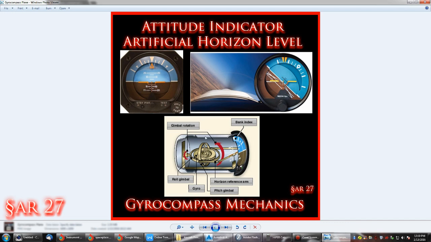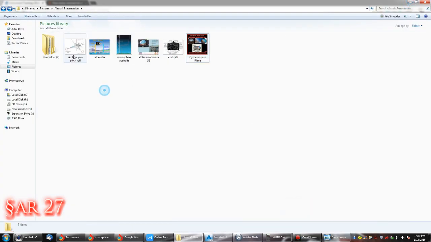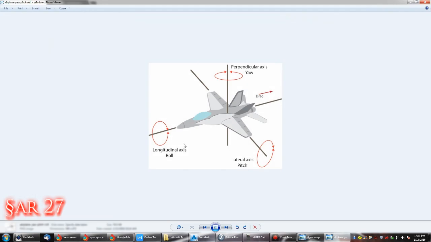You can see here that this here maintains itself level with the aircraft. For instance, this artificial horizon here moves when the plane rolls, or it pitches or anything. If you don't understand the terminology that I'm using, here it is.